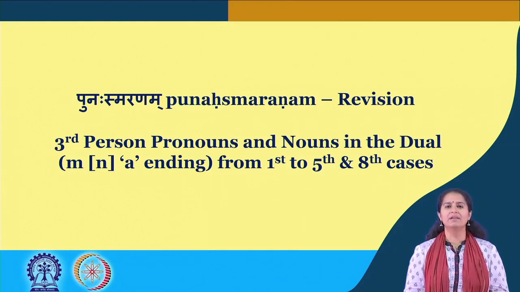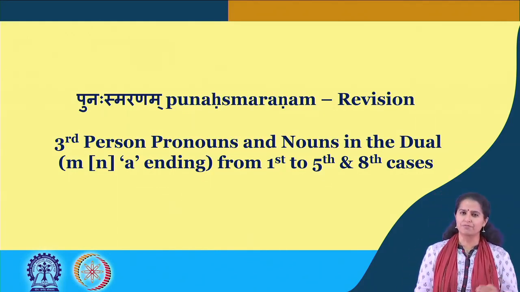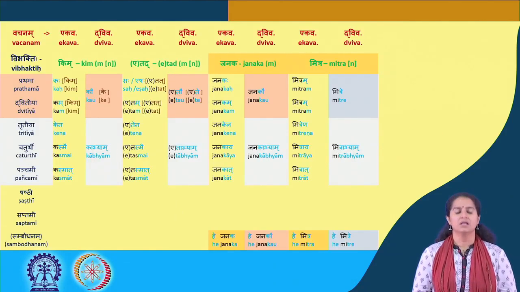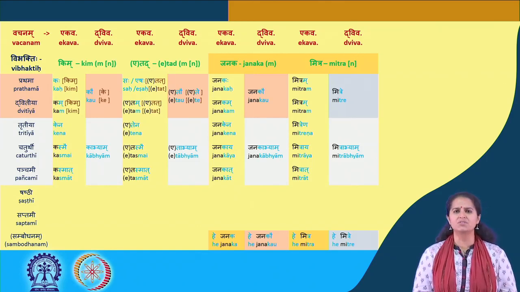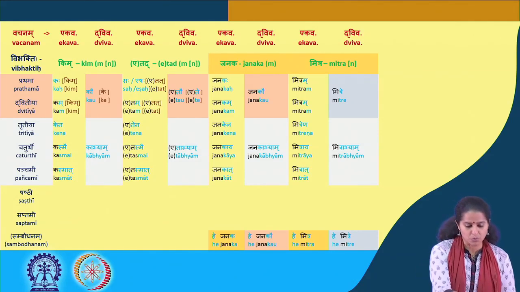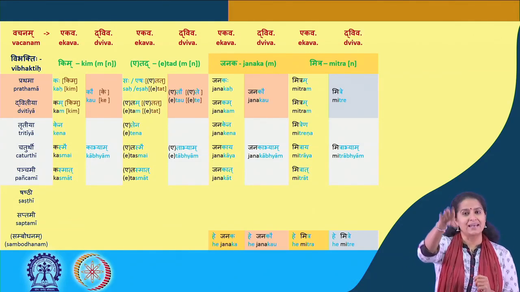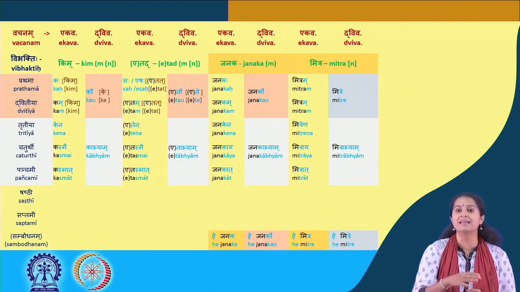So let's do a quick recap of the third person pronouns and nouns in the dual up to the fifth case for the masculine and neuter words in this table. So here we have the masculine and neuter words. So the question word is kaha and the answer. So what I'll do is I will ask you the question and in the answer already introduce the noun there.